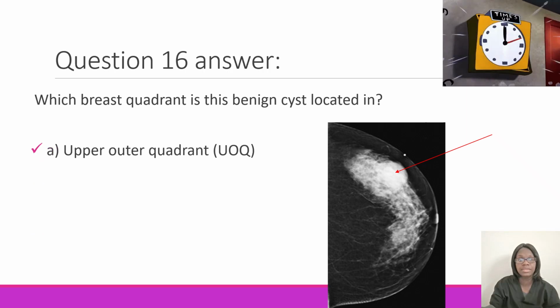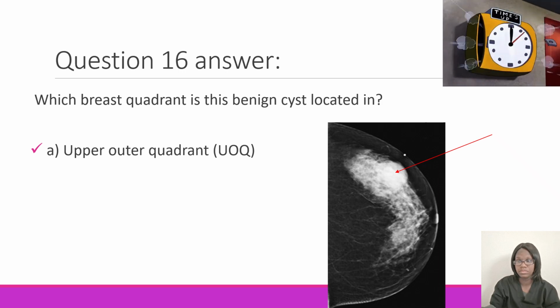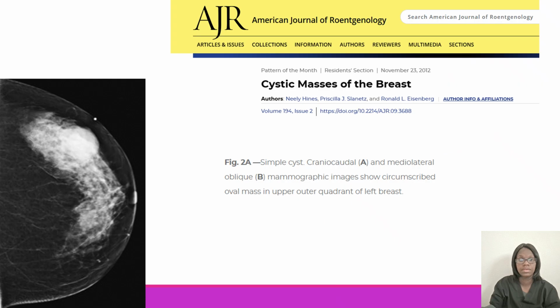Right. The correct answer is upper outer quadrant. And this is just the reference showing that this is a simple cyst. It's located in the upper outer quadrant of the left breast, and it is showing a circumscribed oval mass.